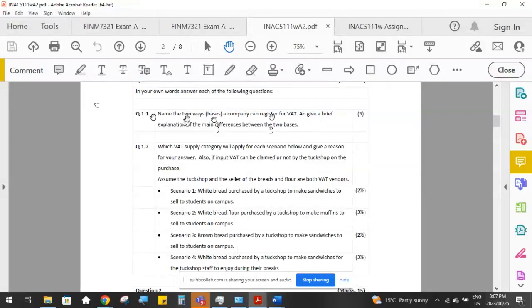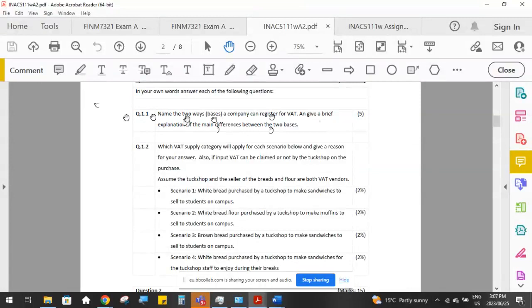And underneath that, it says there are two bases upon which a business can register for VAT, namely the payments, in brackets cash, or the invoice basis. And then there's a long explanation of how the payments basis works and how the invoice basis works. So in your textbooks, it's clearly indicated in the learning objectives and in the text that you should have matched up to this question.